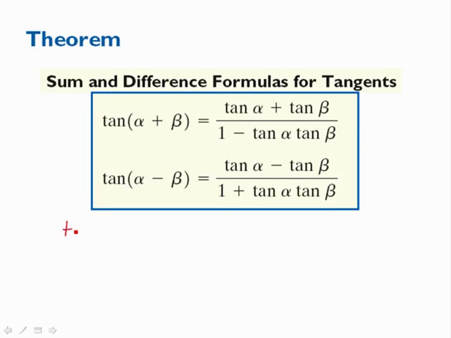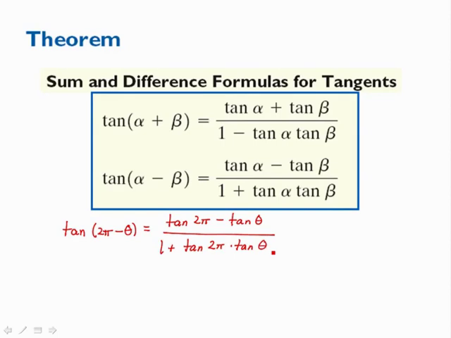So, for example, if I said, what does the tangent of 2 pi minus theta equal? That would be a utilization of this formula right here. That's going to be the tangent of 2 pi minus the tangent of theta over 1 plus the tangent of 2 pi times the tangent of theta.